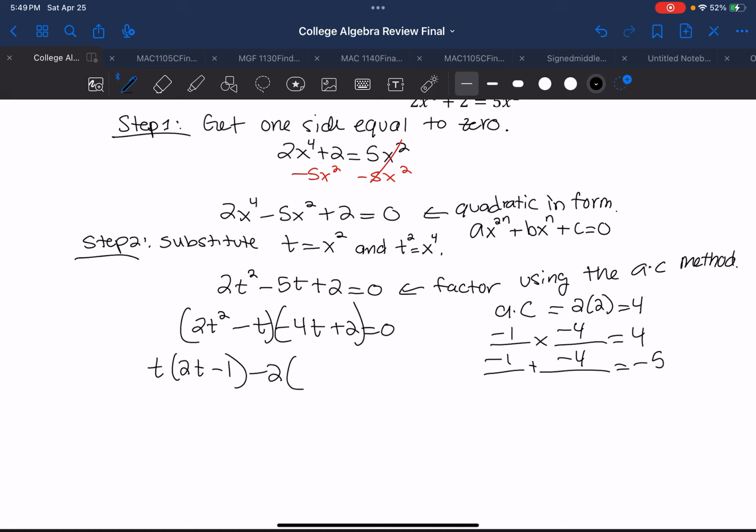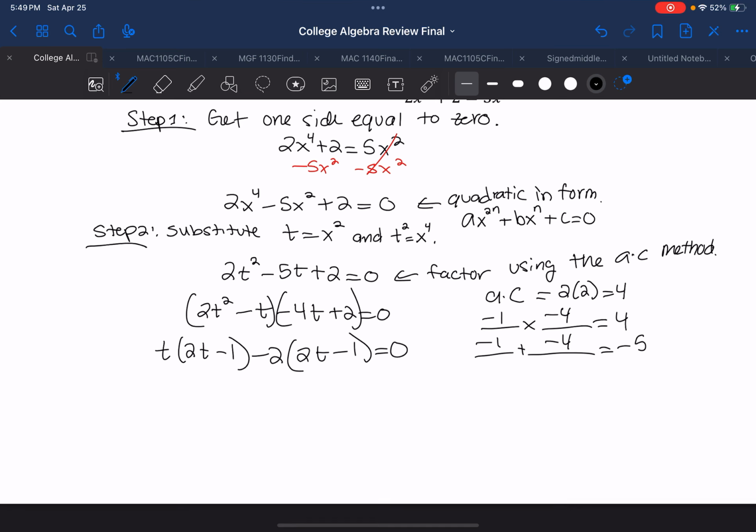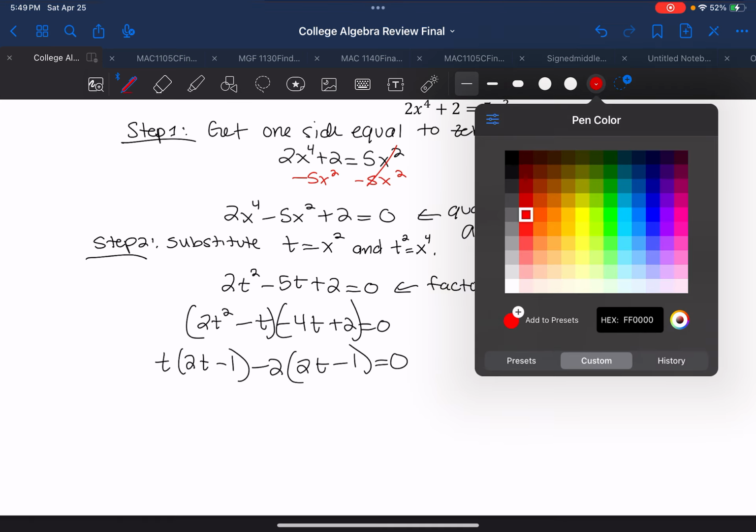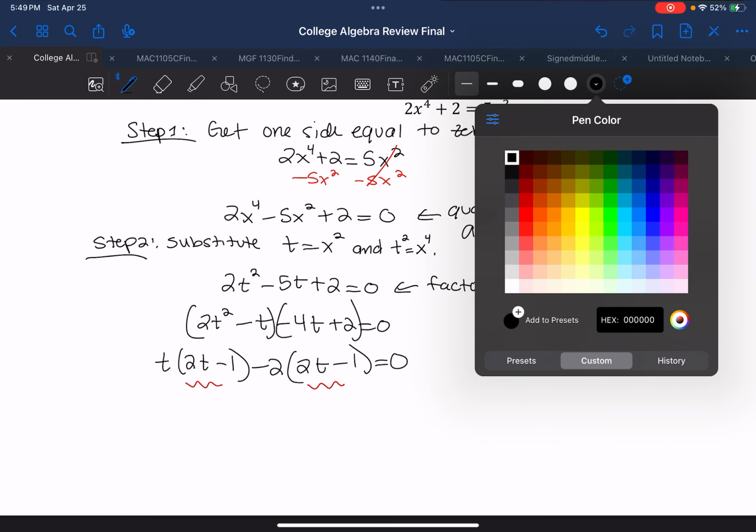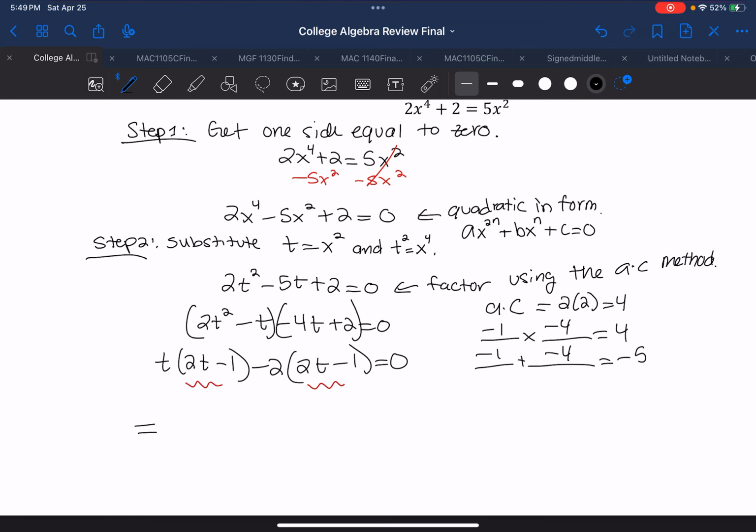And that will leave me with 2t minus 1. So these match like they should. So the final factored form will be 2t minus 1, the one that matches, times what's left on the outside, which is t minus 2.